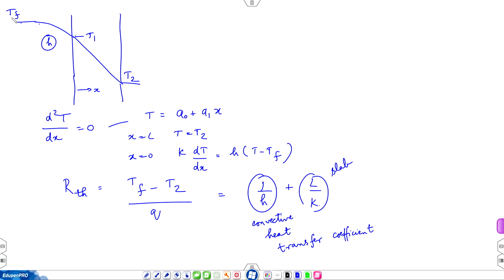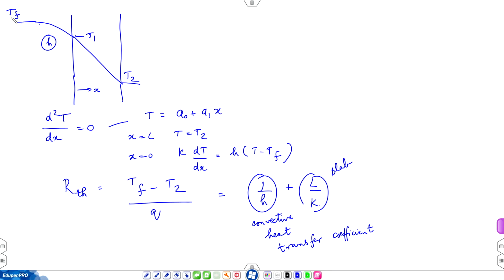So, T1 will be practically equal to Tf. At the same time, if h is very small, then the thermal resistance will be very large. So, if you have a stagnant medium, then h is small, and you will have a considerable amount of temperature difference between Tf and T1. Okay. So, once again you see that the resistances have become additive, and 1 over h becomes the resistance equivalent to the convective heat transfer coefficient.